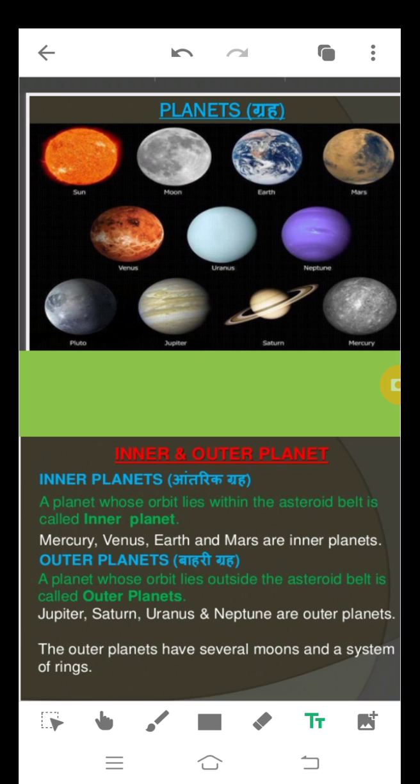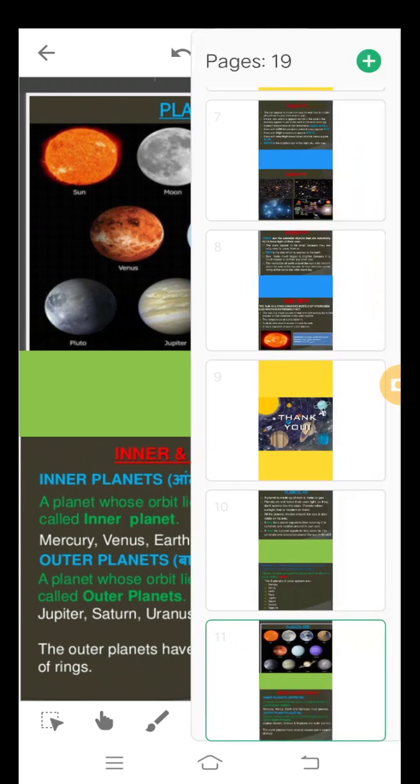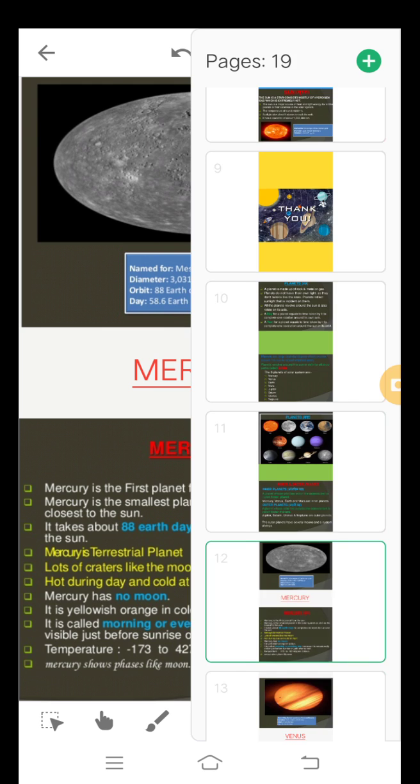But a planet whose orbit lies outside the asteroid belt is called an outer planet, and Jupiter, Saturn, Uranus, and Neptune are outer planets. The outer planets have several moons and a system of rings. What is the meaning of asteroid belt? That we will learn in the next part of this chapter. Now let's study each of these planets in detail.